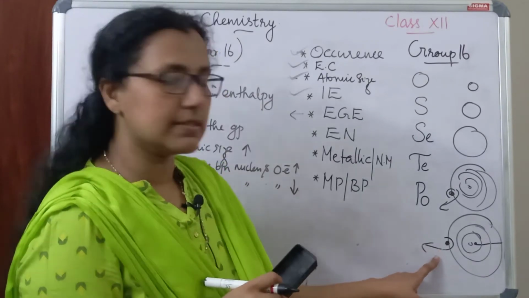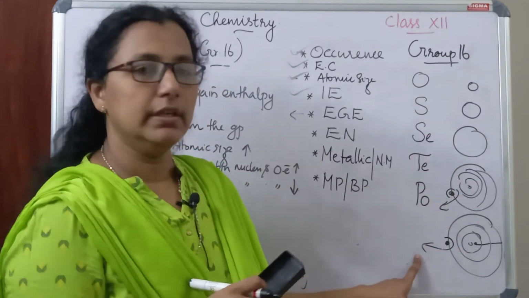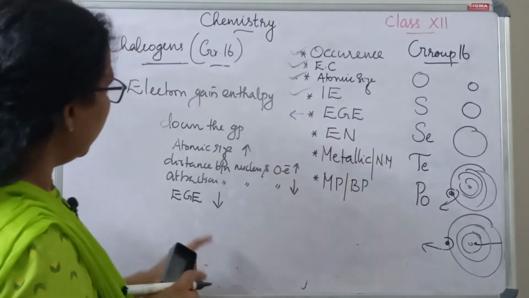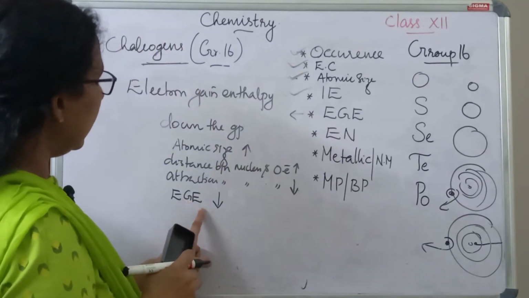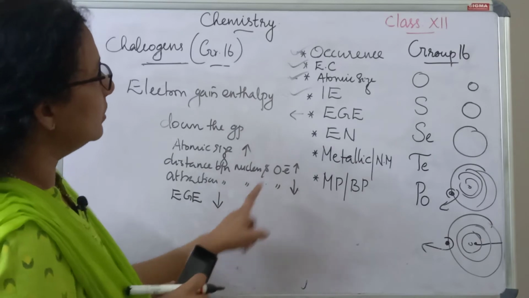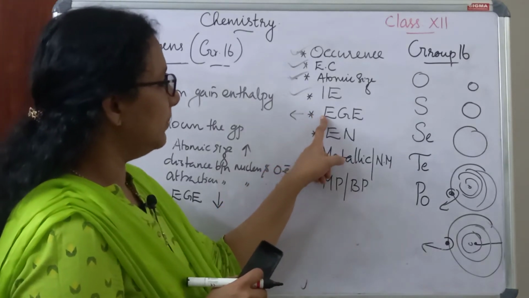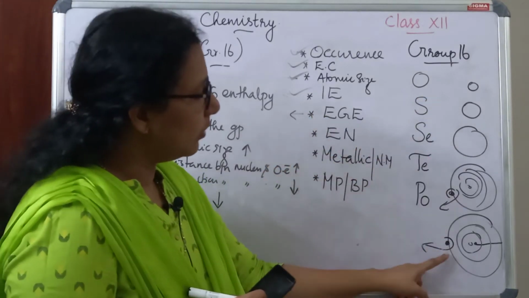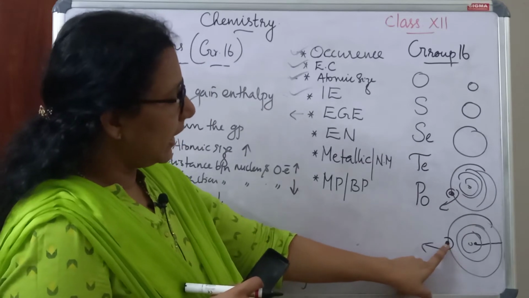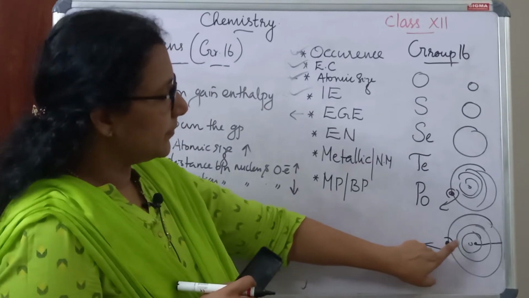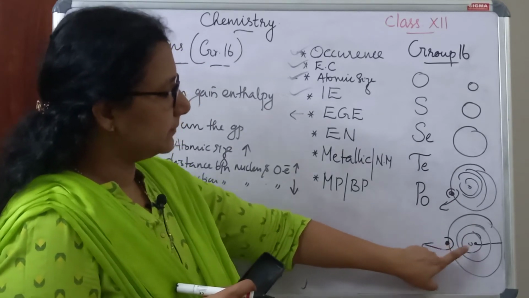It will be less negative when we are moving down the group. So electron gain enthalpy decreases down the group. If you are adding one electron here, the attraction will be less.